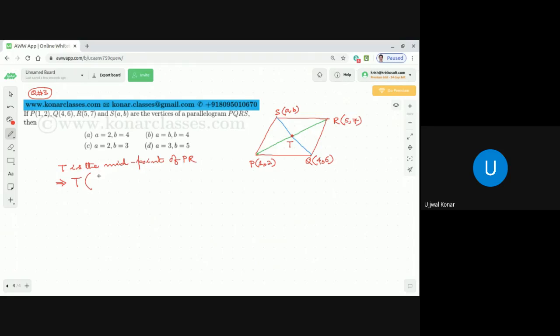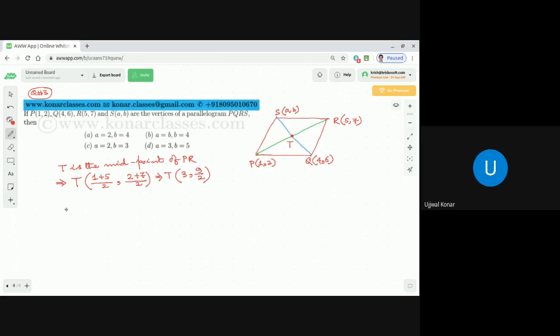So it is (1 plus 5) by 2, comma (2 plus 7) by 2. So that implies it is 6 by 2, that is 3, and 9 by 2.